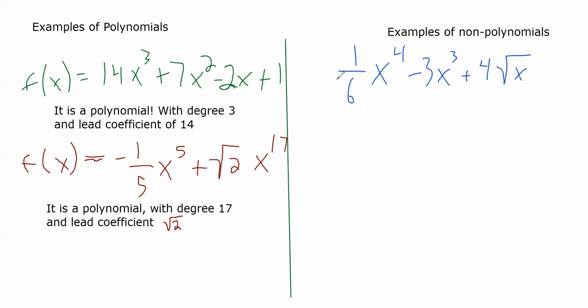Oh, that's going to be a problem. This is not causing any issues. That still looks fine. It's the square root of x here that's going to cause issues. The square root is equivalent to a 1/2 power.